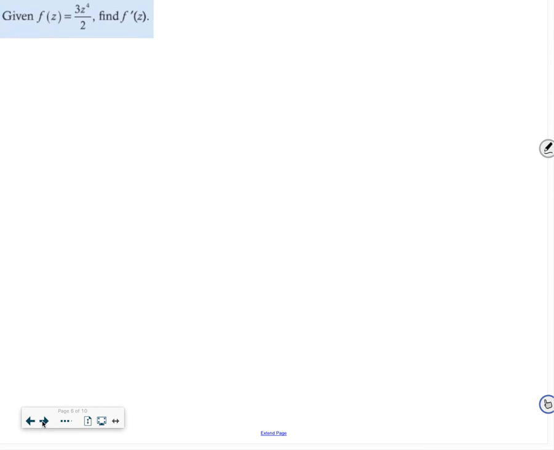All right, let's look at another example here. So I have f of z is equal to, at this point 2 is just a divisor, so I'm going to pull that out as a factor, and I get 3 halves z to the 4th. Haven't changed anything, but this just helps me write it using my rule. So I get 3 halves times 4 times z to the 4 minus 1.